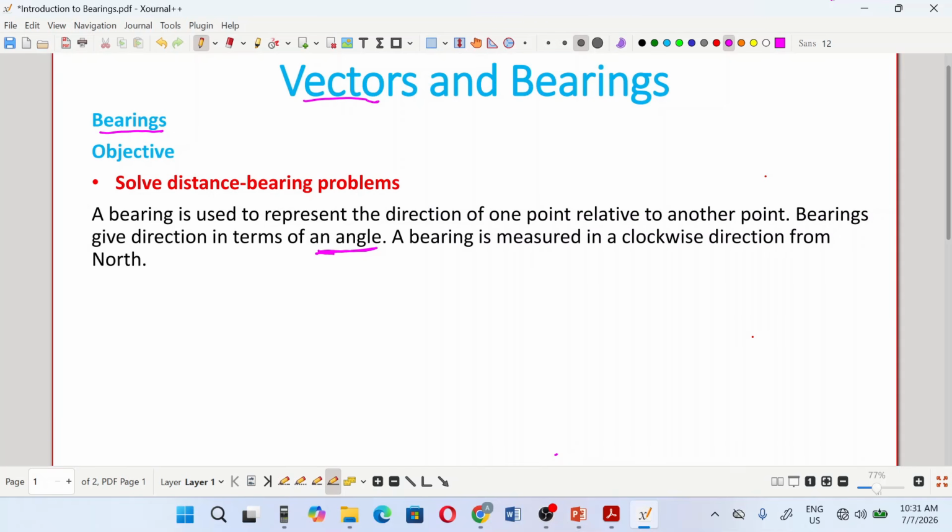Pilots and captains of ships all use directions. Suppose a person is at town A. Someone is at this point, which is our town A. There is a tree here, and then town B is found here.